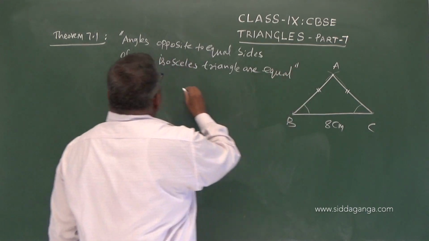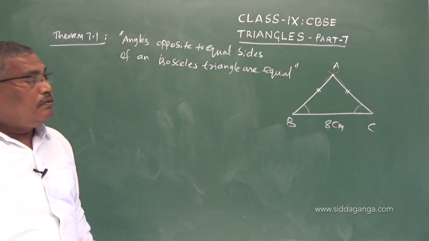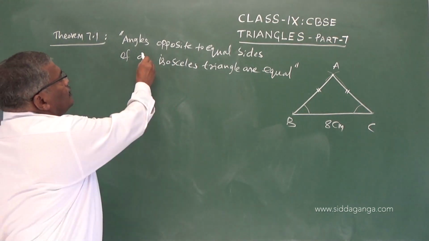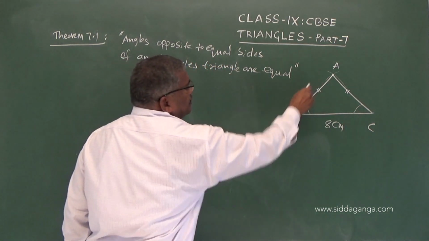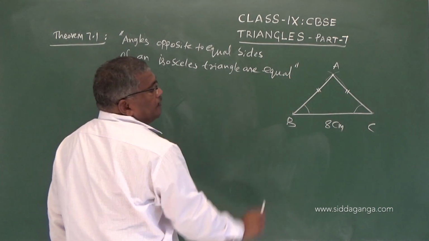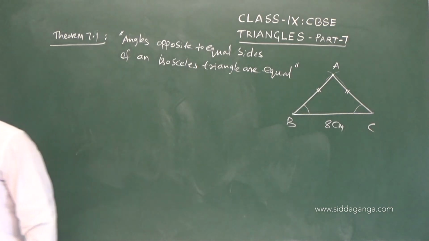So, this is the statement. Theorem 7.1 statement: angles opposite to equal sides of an isosceles triangle are equal.